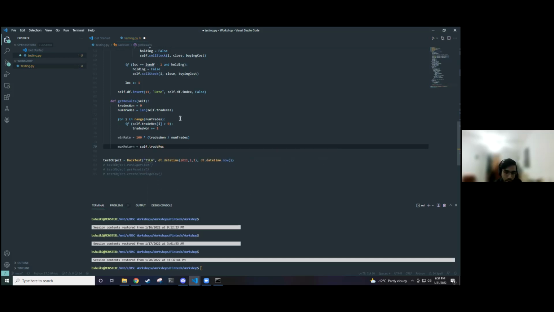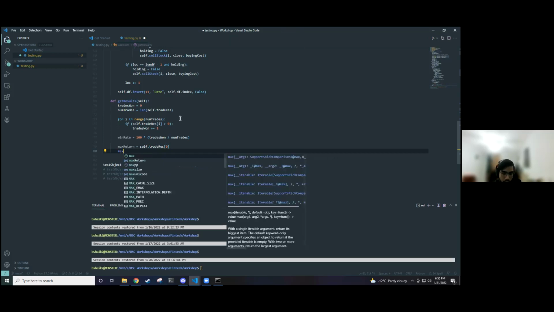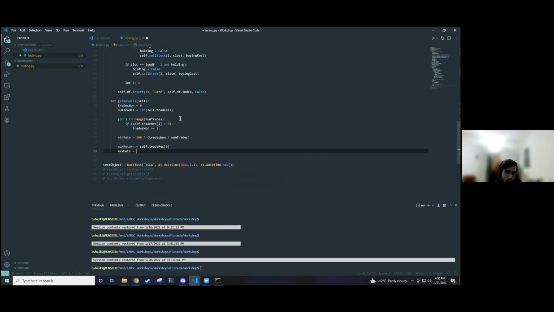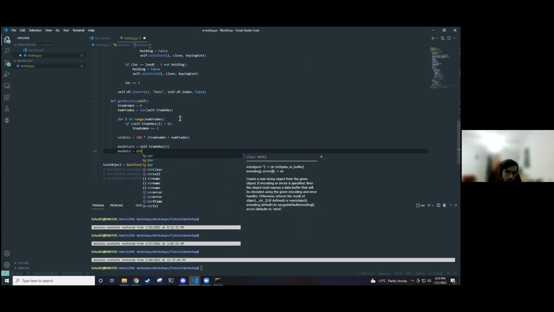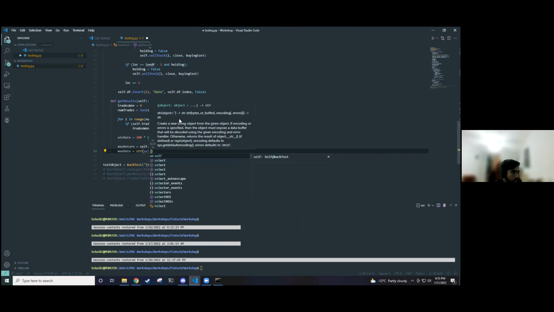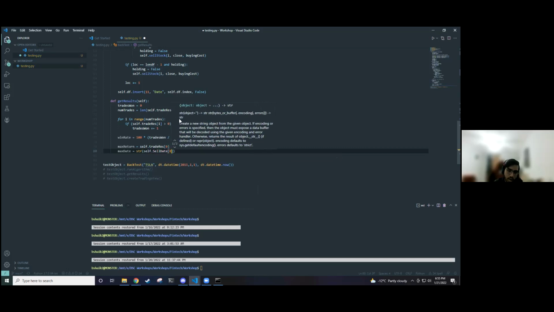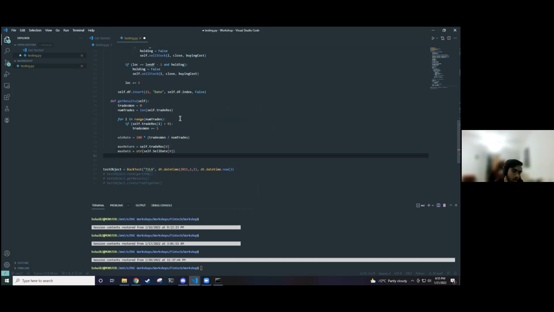So self.tradeRes at 0. We're doing this and not just using max because we want to get the date also at the time. So just a little detail that we need. So max date equals str of the self.sellDate at 0. So there you go.